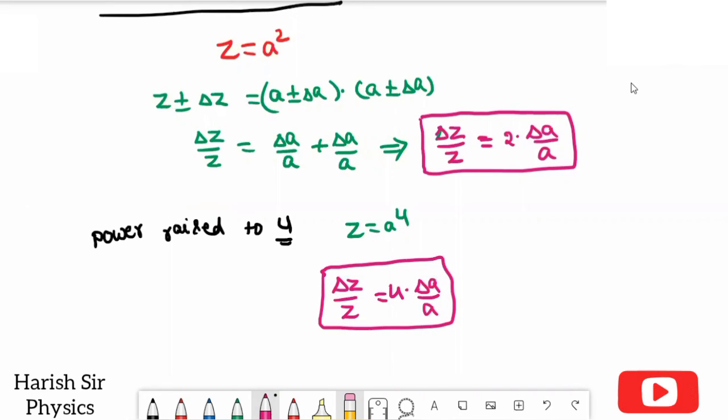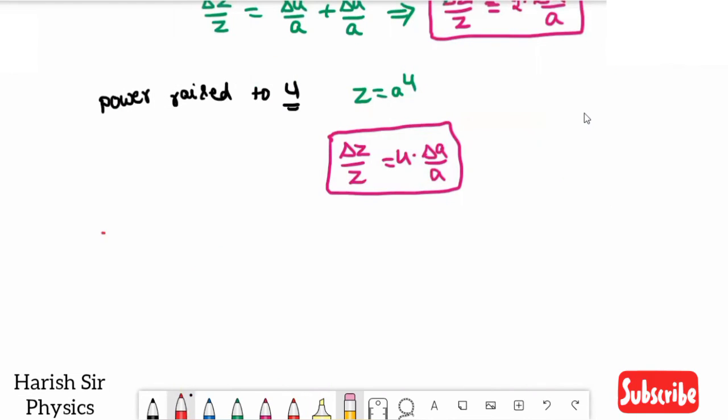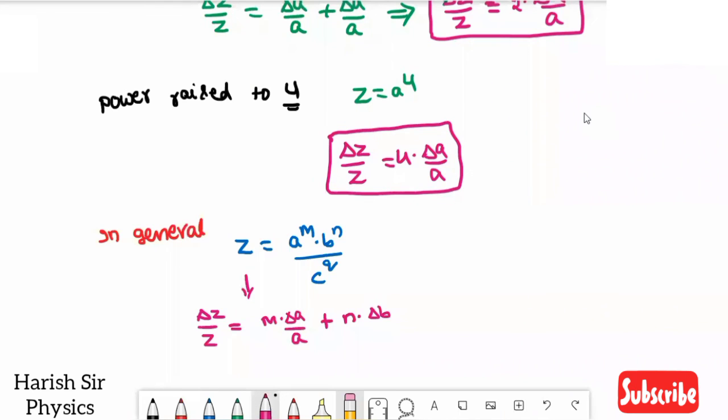Here I'm going to give one relation. This is the general relation. Suppose in general they give the case Z is equal to A power of M, B power of N divided by C power of Q. We can write delta Z by Z is equal to M into delta A by A plus N into delta B by B plus Q into delta C by C. Even if a term is on the bottom, so it comes negative, you should take the error as added, plus.